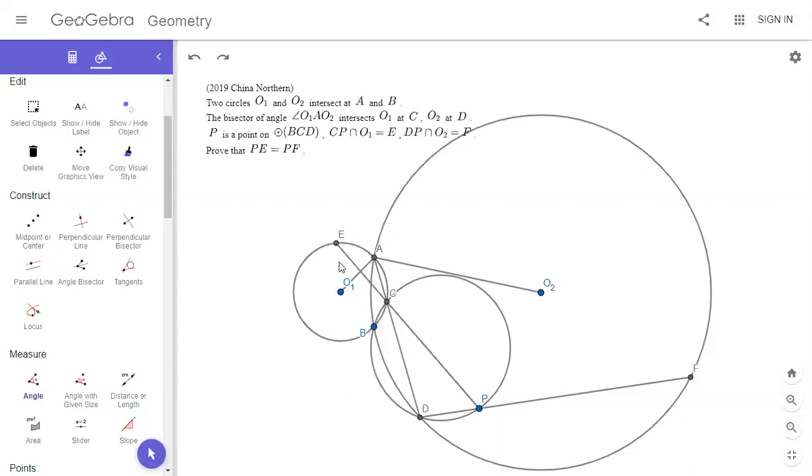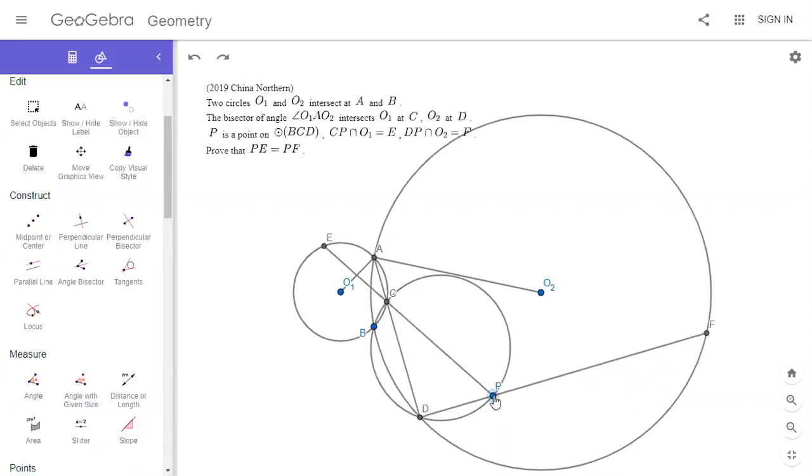Let's see, what would that mean if E, A, and F are collinear?